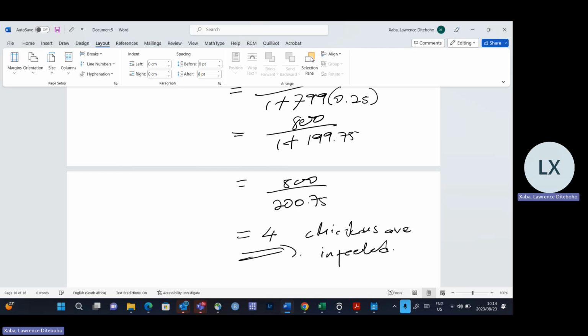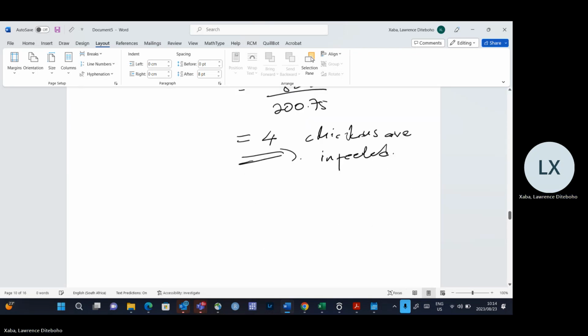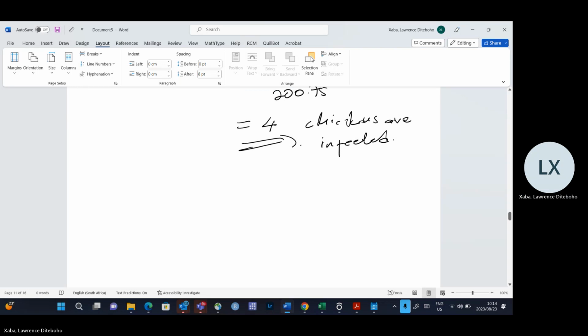after 14 days. Okay. So we say, what about when T is equal to 100?